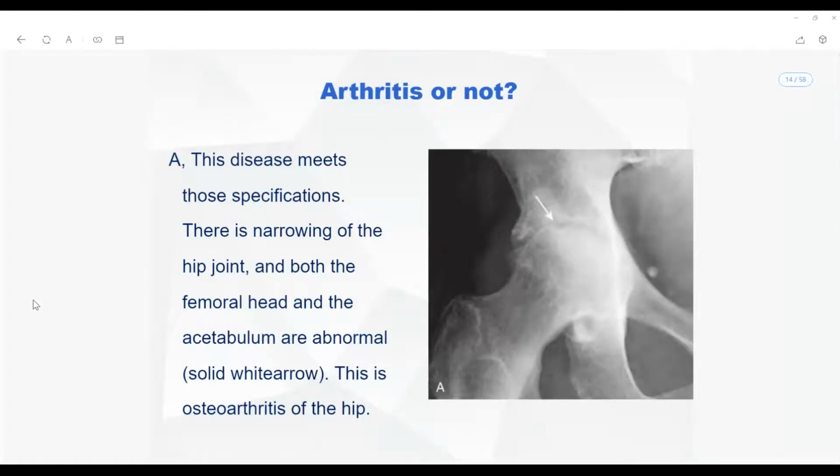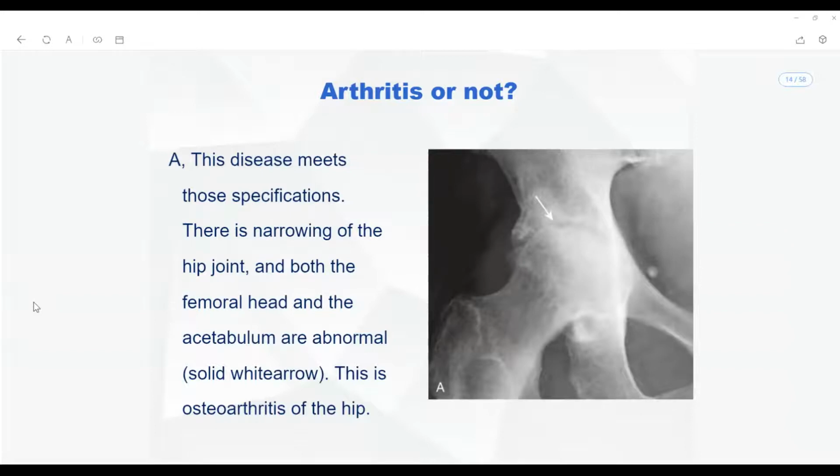Right. Now, whenever we are trying to look at an X-ray, we have to make sure whether we are looking at arthritis or if it is not arthritis. Unless there is some kind of a chronic change, it is technically not called an arthritis. So remember one thing, arthritis is fairly a chronic condition.